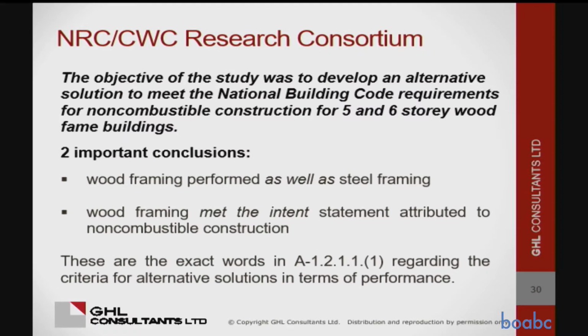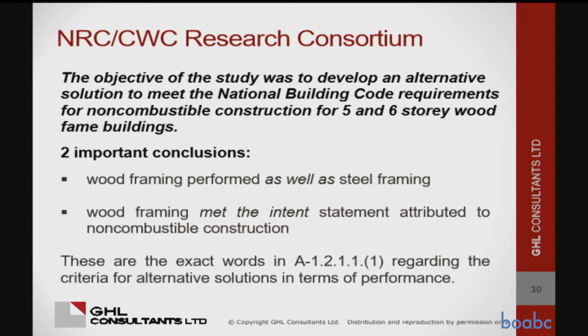But the interesting thing about the report is that it says the objective of the study was to determine whether encapsulated or gypsum board protected wood framing could be used as an alternative solution to non-combustible, where the code prescribes non-combustible.